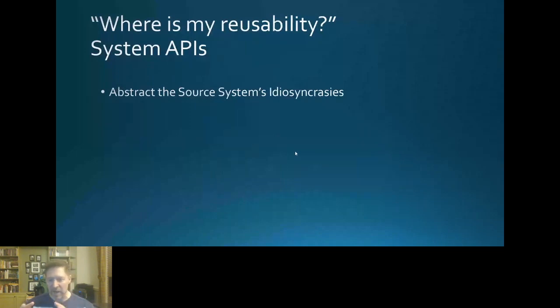A system API is meant to be an interface for some backend system, whether that's an ERP system or a database system. You want to make sure that you're hiding that system's complexities. There's no need to expose those complexities to any of the developers that are going to consume that system API. What you want to do is hide those complexities as much as you can.